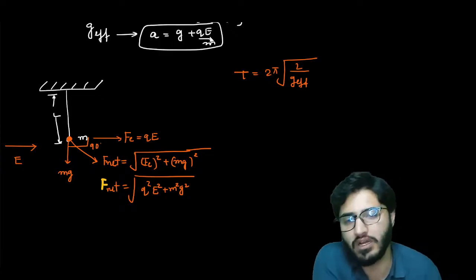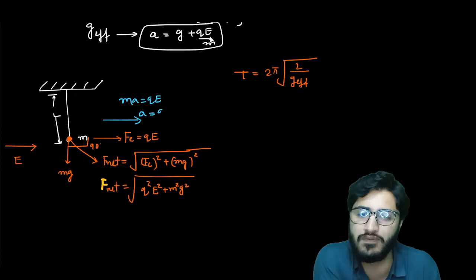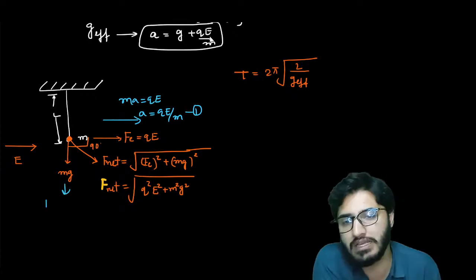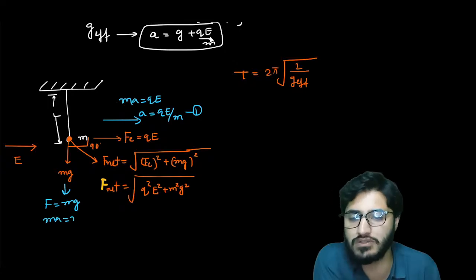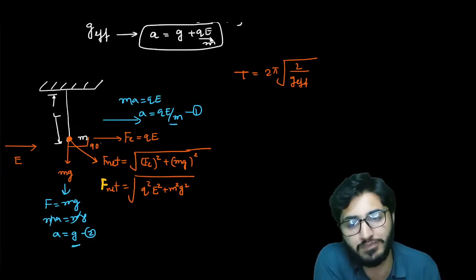We can do one more thing now. In this particular way, how do we find the acceleration? If this is my Fe, then ma equals qE, so the acceleration equals qE by m. And for the other force, ma equals mg, so the m cancels out and the acceleration equals g. So we have two accelerations, qE by m and g, acting in two different directions perpendicular to each other.